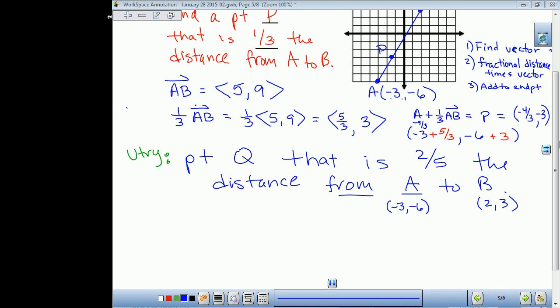That's 8. So that's how far from point A. We don't want to go all the way. We just want to do this here.